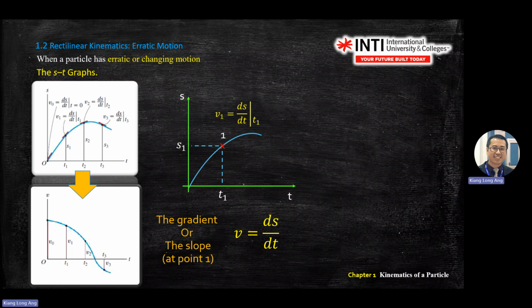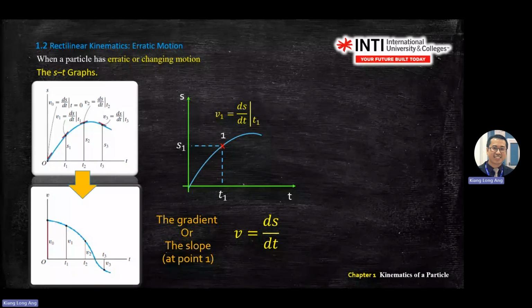This is the first step every time you see an erratic motion kind of question. The first graph, you always start with the s versus t graph, and then you copy the axes on your paper and draw the v versus t graph.